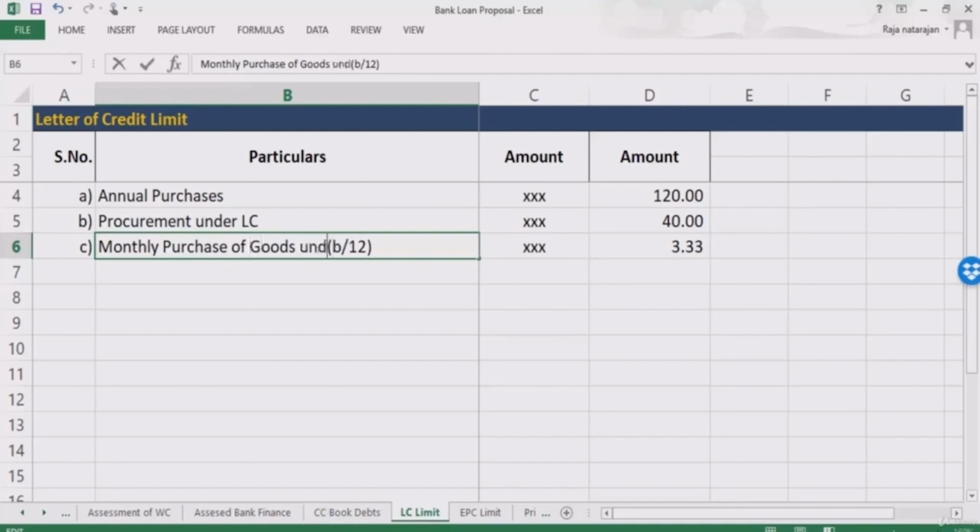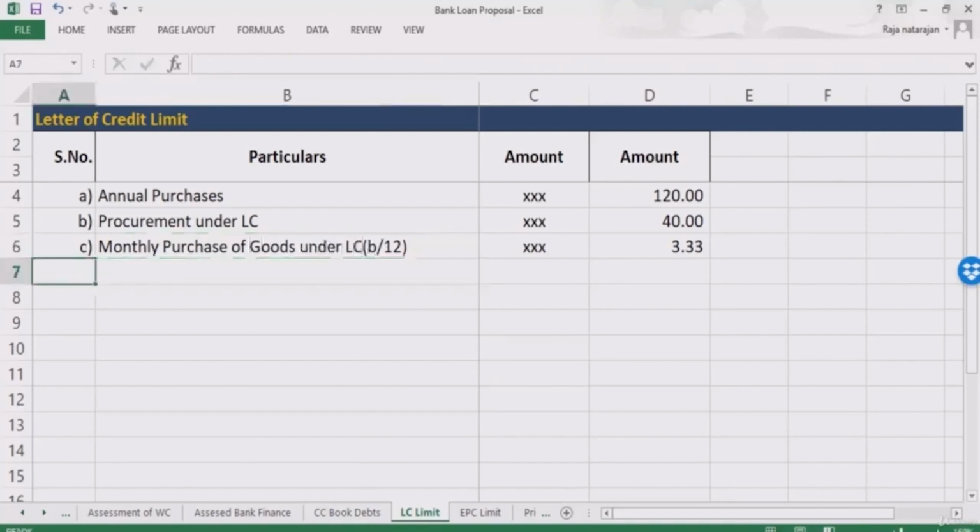Now we should also factor the credit period, because this is on credit, right? LC is issued so that the customer can buy goods on credit. So what is the period involved in this? That is, we should capture total time involved here.